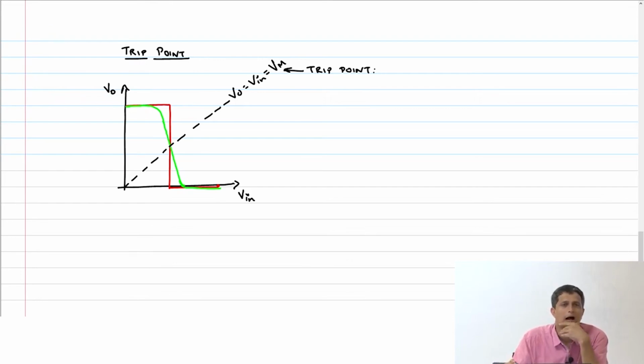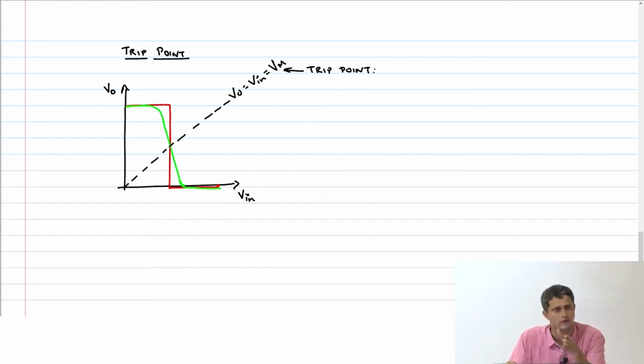So now I want to calculate the value of this trip point. Okay. First of all, approximately tell me in which region of operation will the transistor be? Saturation or velocity saturation? It really depends on whether it's a long channel or short channel. For now, we will assume both transistors are short channel and therefore in the velocity saturated region.